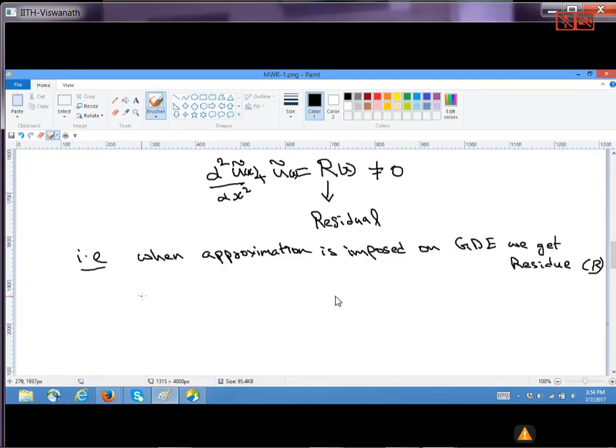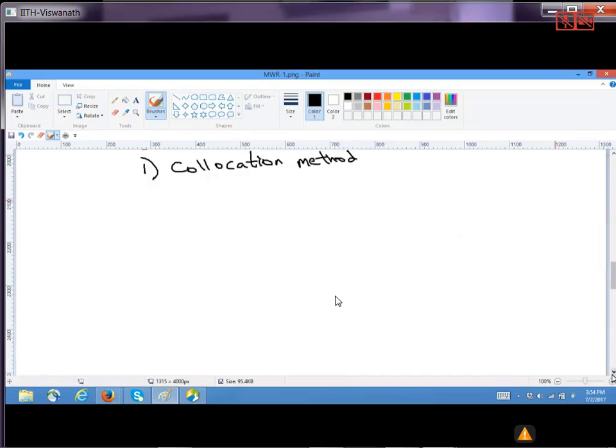Now in the method of weighted residuals, there are certain ways we can deal with it to obtain my approximation. The first one is called the collocation method, and the second one is the least square method.